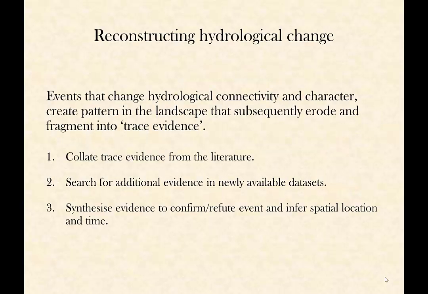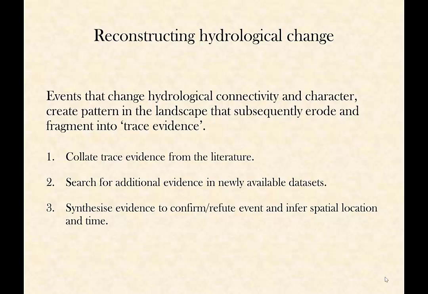Firstly, reconstructing hydrological change. There's lots of information in the literature on maps about events that have changed the hydrological connectivity and character in the area in central Mexico. So it would say a river capture event happened here roughly 1 million years ago, we think, and this is the evidence for it, if you're lucky.